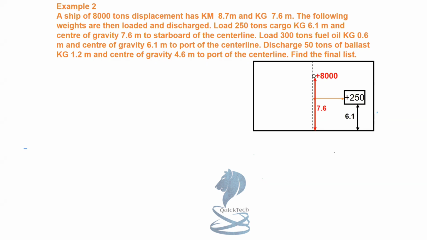As in the diagram, 8,000 tons displacement with KG 7.6 meters along the center line; 250 tons of cargo loaded on the starboard side, KG 6.1 meters and center of gravity 7.6 meters from the center line; 300 tons of fuel loaded on the port side with KG 0.6 and 6.1 from the center line; and 50 tons of ballast discharged from the port side with KG 1.2 meters and center of gravity 4.6 meters from the center line.